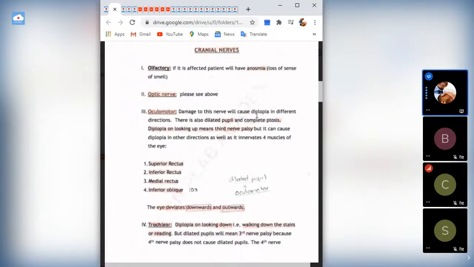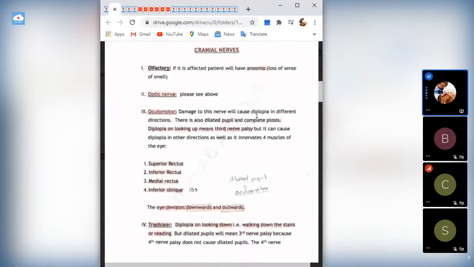Okay. So whenever a pupil contracts, it's controlled by the oculomotor nerve. All right. So now damage to this nerve will cause diplopia in different directions. There's also dilated pupil, like we mentioned, and complete ptosis.